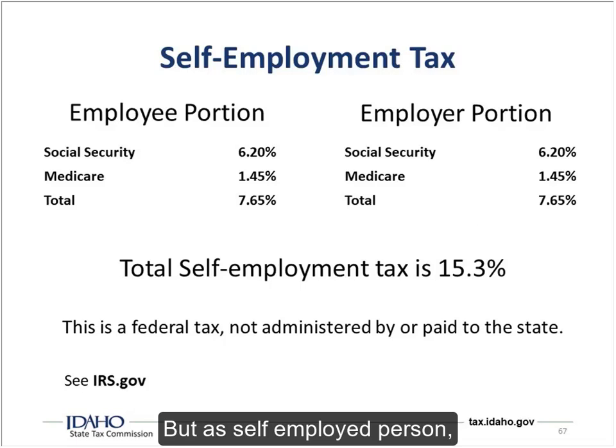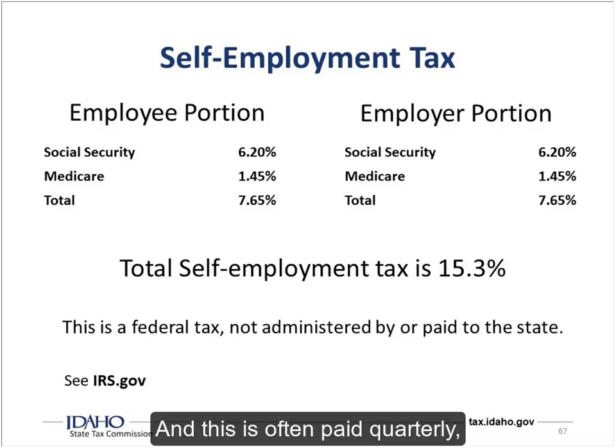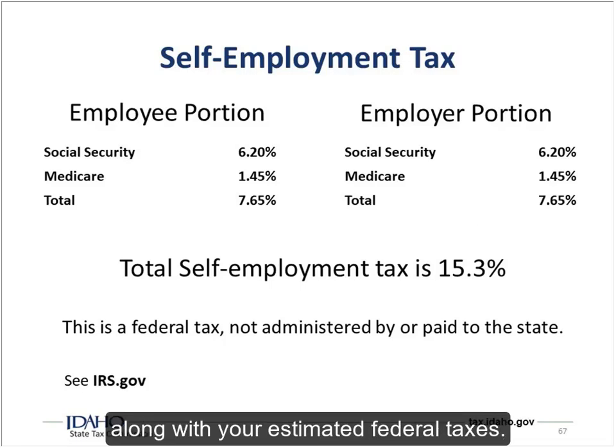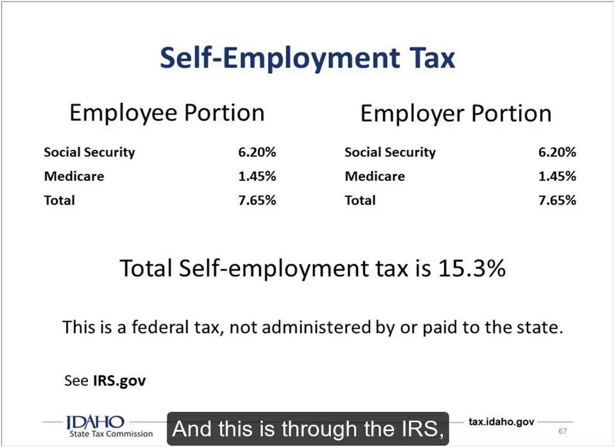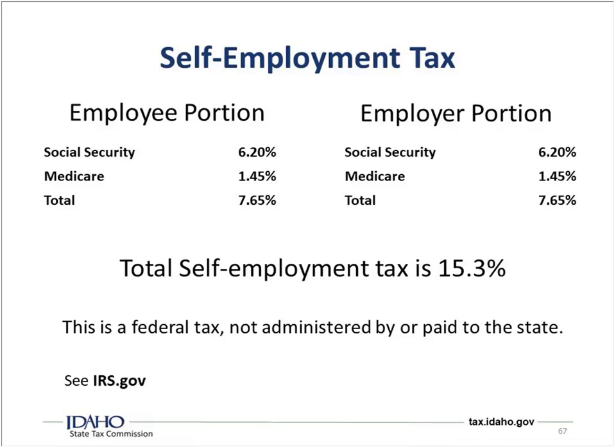But as a self-employed person, you would need to pay the full percentage. It's recommended that you set aside at least 15.3% of your net profit to make sure that you have enough money to cover this tax. This is often paid quarterly along with your estimated federal taxes. And this is through the IRS, not through Idaho. So if you do have questions about it, I would see irs.gov.